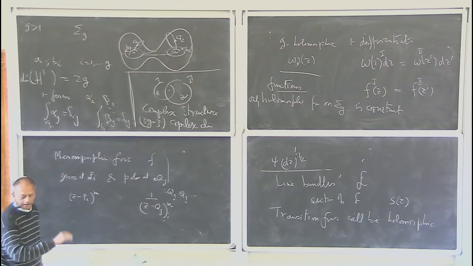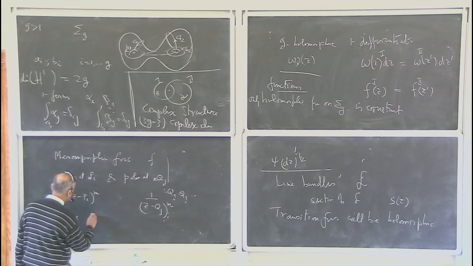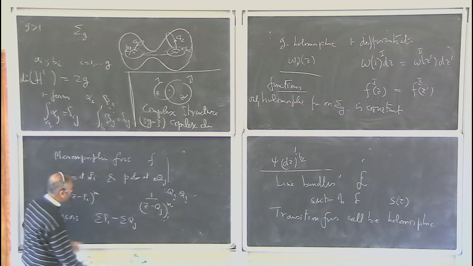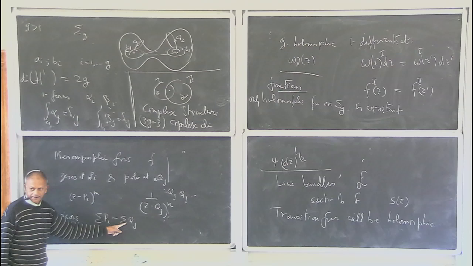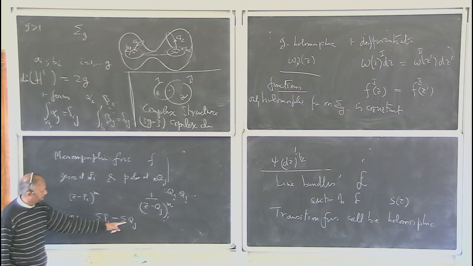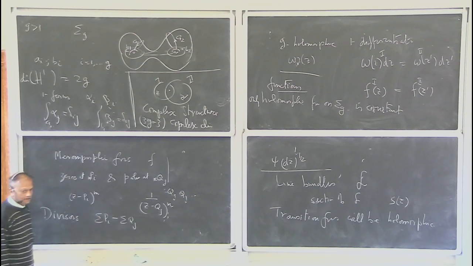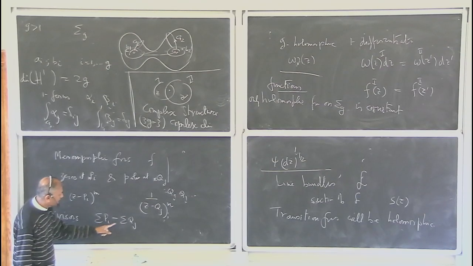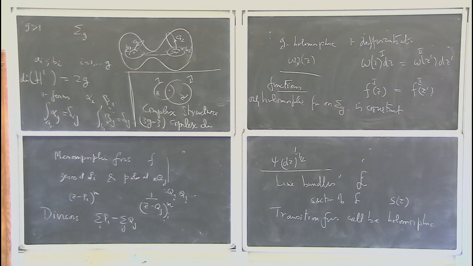These are called divisors. The notation is that you write the divisor as the sum over p_i minus the sum over q_j. For the zeros you put a plus sign, and for the poles a minus sign. So by looking at this expression, you immediately see where the zeros are and where the singularities are. That is what's called the divisor. The sums go over the whole range of i and j, whatever the number of poles and zeros are.